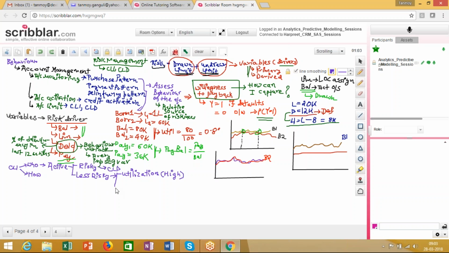Before giving a limit increase, I also need to understand how much of a limit increase I should be giving. So there, I would divide the less risky borrowers by their utilization: high, medium, and low, or with utilization high and low.